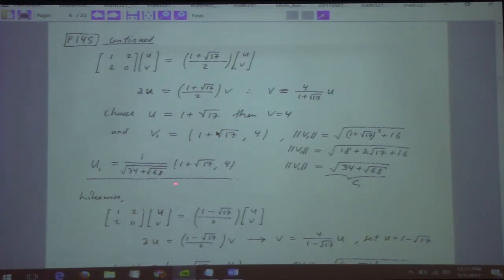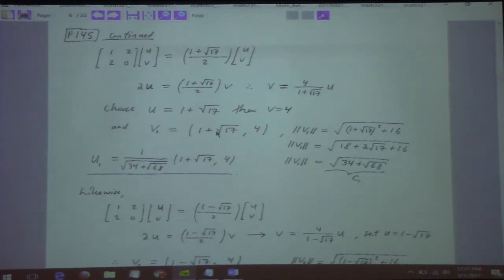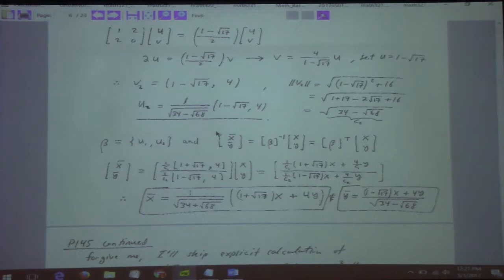Anyway, here's the details, the somewhat awful details of how to find eigenvectors. This is the unit eigenvector with eigenvalue, what was it, 1 plus root 17 over 2. And down here I will find the unit length eigenvector with eigenvalue 1 minus the square root of 17 over 2, right? And this u1 and u2 are perpendicular. They form an orthonormal basis for R2. And with respect to that coordinate change, we get this x bar and y bar in terms of x and y.